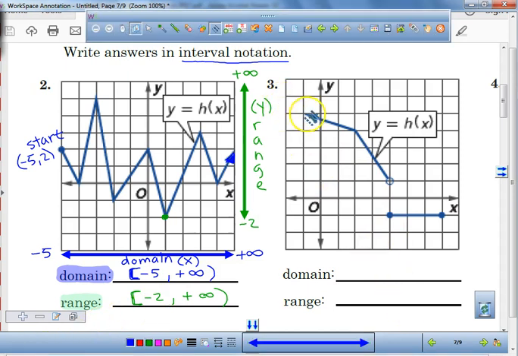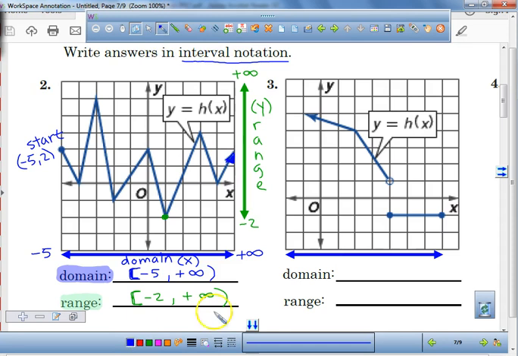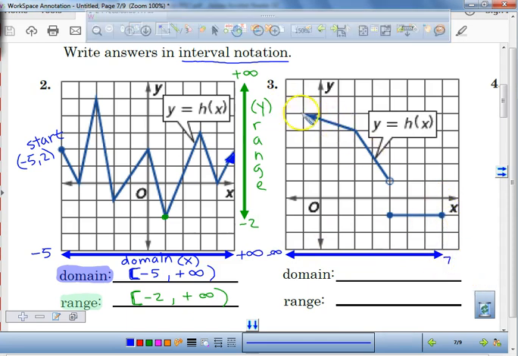All right. In graph number 3, we can see that this arrow is going forever and ever towards negative infinity, but then it stops right there. So put negative infinity right there, and then it goes all the way over to the number 7. As I travel down this graph, you can see that where x is the number 4, that's not plotted here, but it is plotted right here.